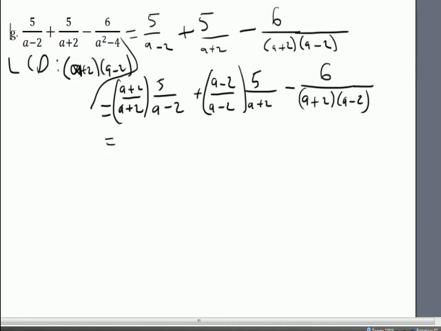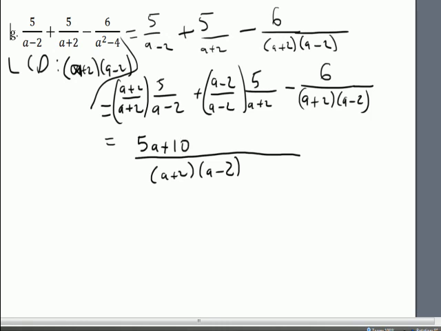Once I do that, I'm going to have that common denominator among all three, and I'm going to be able to just combine all those terms together. So I'm going to have this common denominator of a plus 2 times a minus 2 all along the bottom there. Distributing from this first term, I'm going to have 5a plus 10.